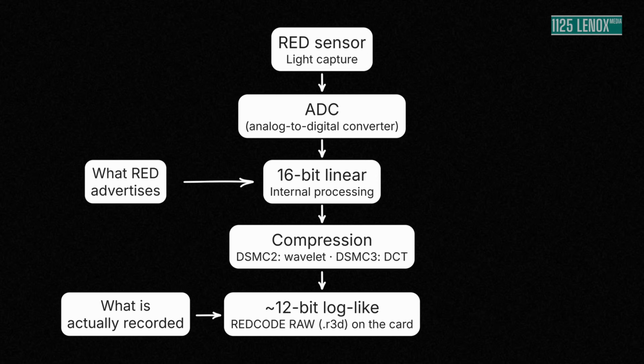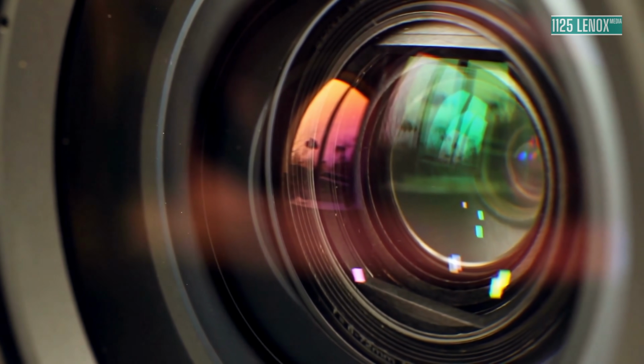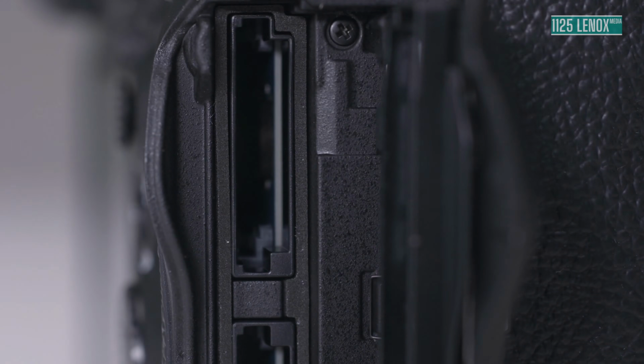So while Red's 16-bit claims refer to the internal processing pipeline, not the bit depth of the data written to your media, I'm just pointing out the discrepancy that comes from looking at the numbers alone. When you hear 16-bit linear RAW and you compare it to ARRI RAW on paper, you are not comparing the same thing. The question to ask, what is the bit depth of the encoding of the data on the card?